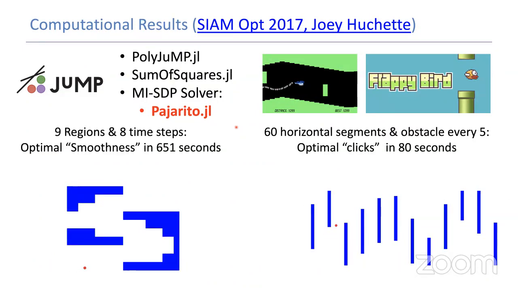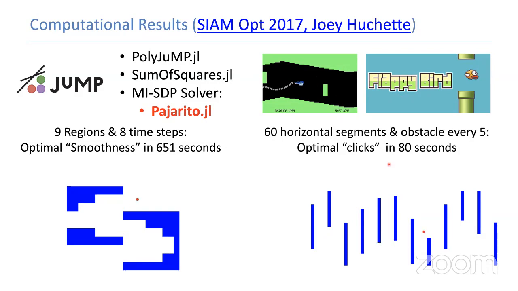And these are some results that Joey ran back in 2017. He used PolyJuMP to write down a polynomial optimization problem, SumOfSquares.jl transforms that into an SDP, and then we can solve it with the MISDP solver Pajarito. You could do interesting things like make the avoidance problem while making somewhat of a smooth trajectory, or even more fun things like what Joey called the helicopter problem.